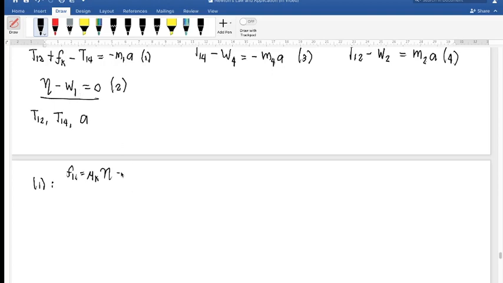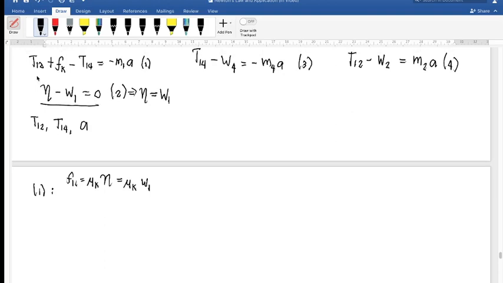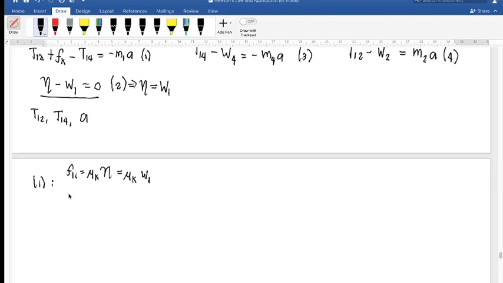So we can put your Fk as mu k times the weight of 1, because your normal force is equal to the weight of the 1 kilogram. So therefore we can simplify our equation 1 to T12 plus mu k weight 1 minus T14 is equal to negative m1 times a. Okay?